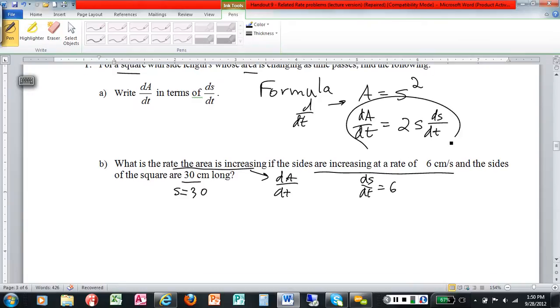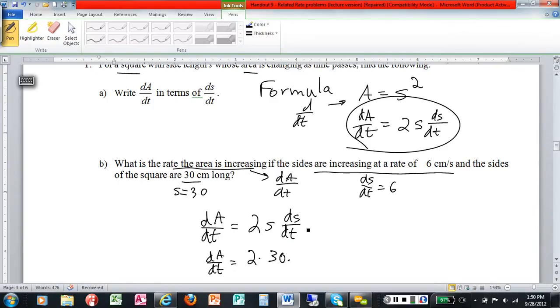Okay, so using what we found, dA dt equals 2s ds dt. dA dt is going to be 2 times s, which is 30, times ds dt, which is 6. So that is 60 times 6, 360.